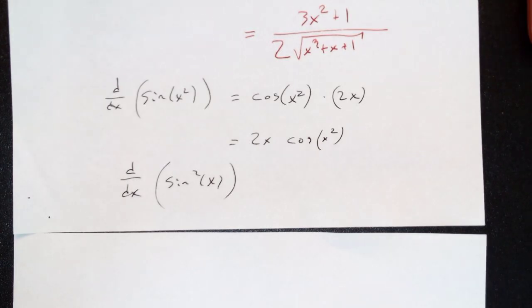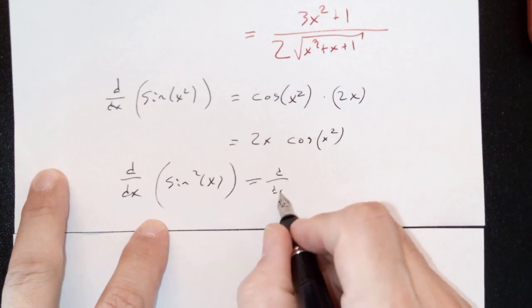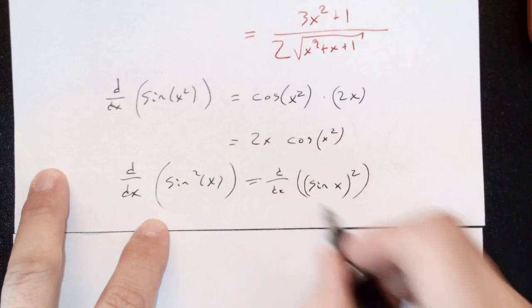It's sine squared, not x squared, which means the outside and the inside switched roles. The sine is what's being squared. That means the outside part is the square. Because really, this notation is short for that.